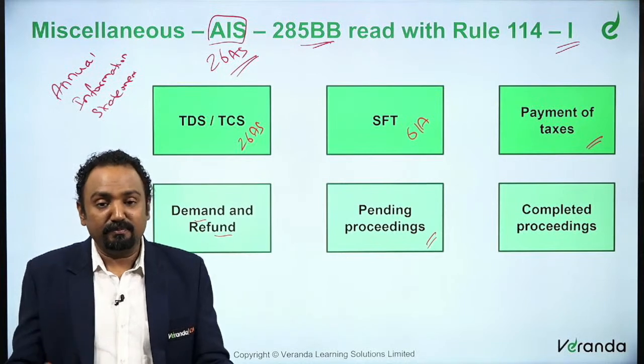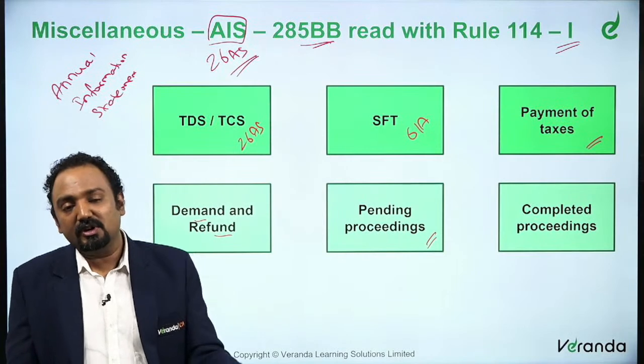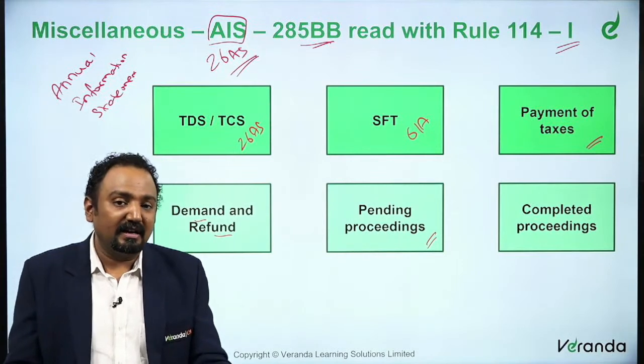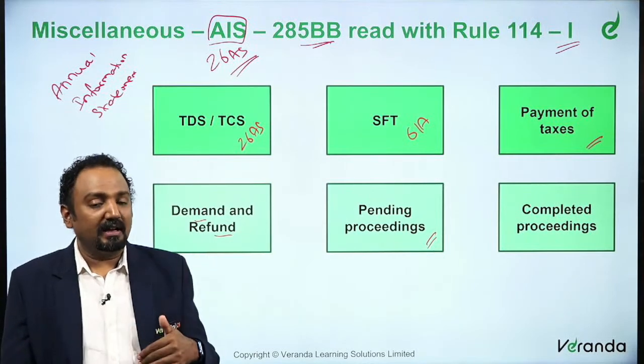So if it is previous year 22-23, we will have to see previous year 21-22. All this is what is discussed through those 4 sections, that is 269SS, ST, SU and T.